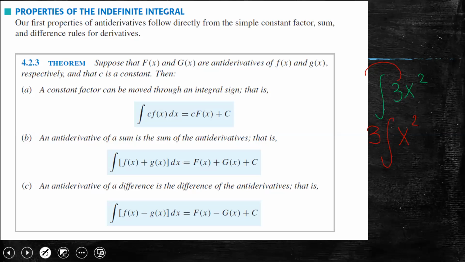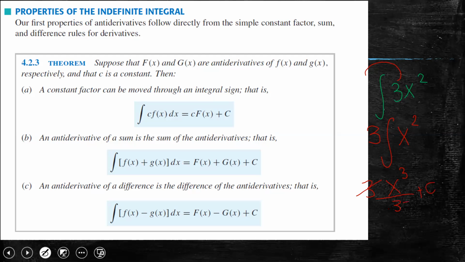I will repeat, if there's a variable x times a constant c, I will move the constant c out of the integral sign, then I will integrate. So it will be 3, and then the integration of x squared is x cubed over 3 plus c.